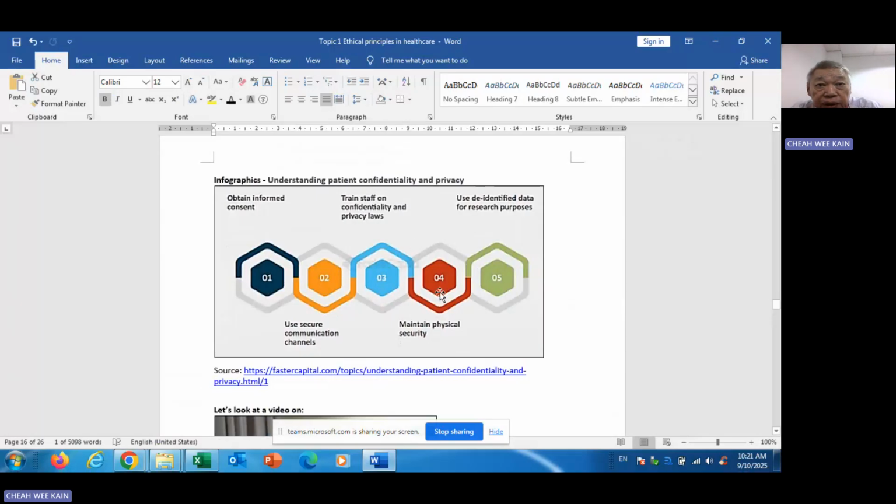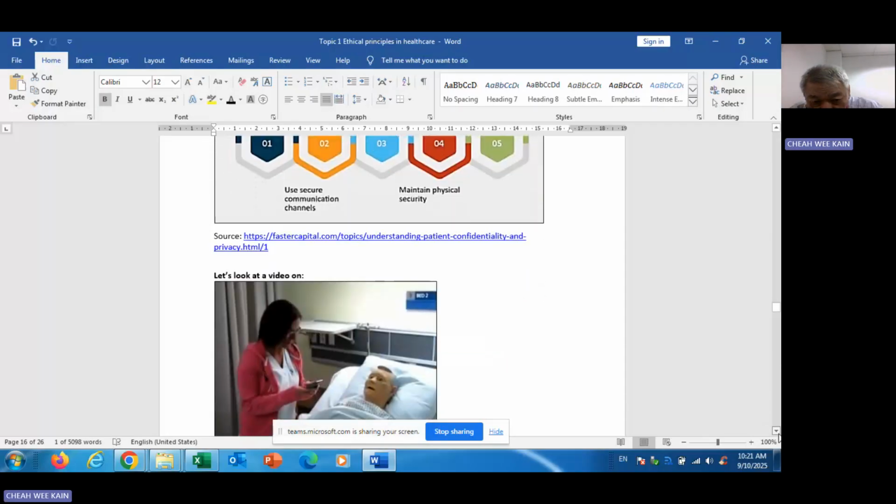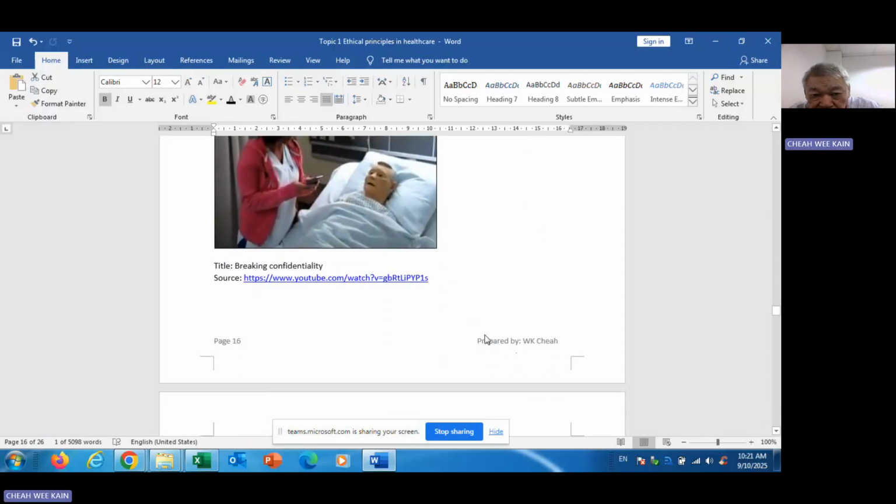Maintain physical security of the equipment, the laptops. Nobody can enter the mainframe room. Laptops should be locked when you finish your work. Use de-identified data, scrub off all the names of patients for research purposes. Let's look at the video.